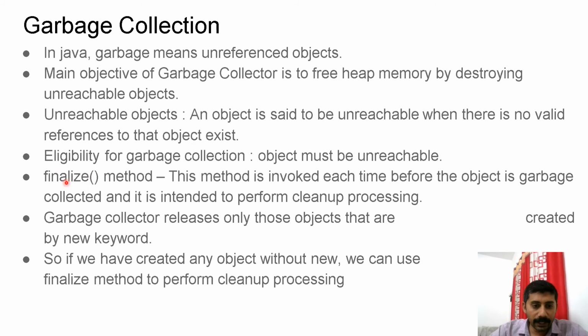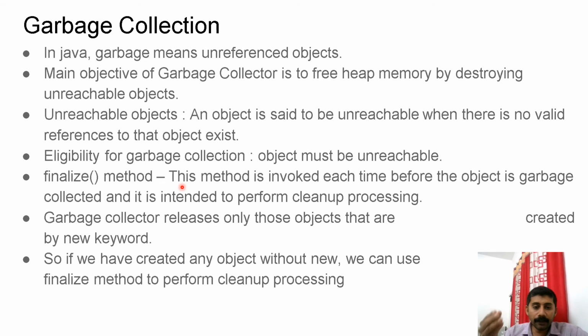Finalize method. This is a very important method. This method is invoked each time before the object is garbage collected, and it is intended to perform cleanup processing. In every class, there is a concept of overriding, so you can implement this finalize method.